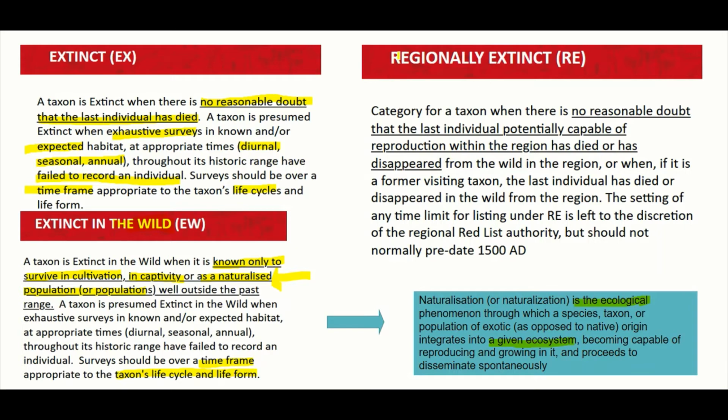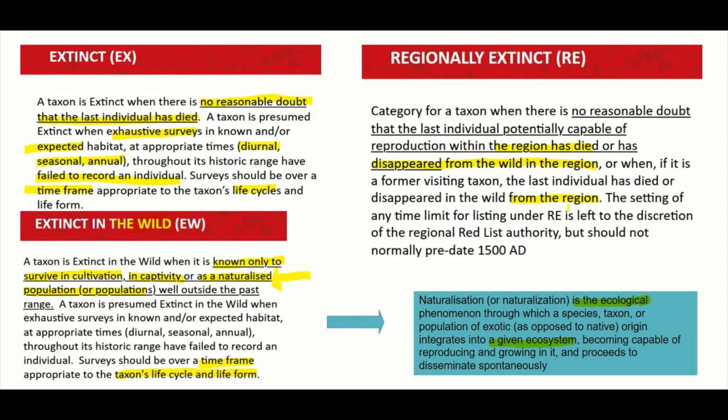Then we have what we call regionally extinct, RE. This is a category for a taxon where there is no reasonable doubt that the last individual potentially capable of reproduction within that region has died or has disappeared from the wild in the region, or, if it is a former visiting taxon, maybe it was just visiting in that ecosystem, the last individual has died or disappeared in the wild from the region.